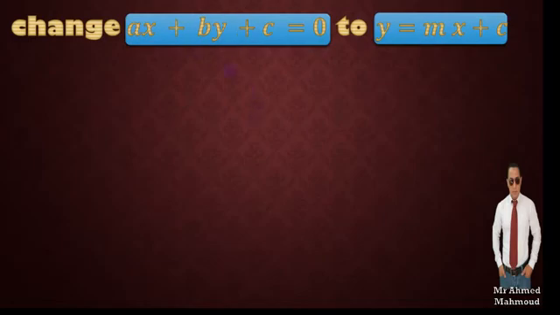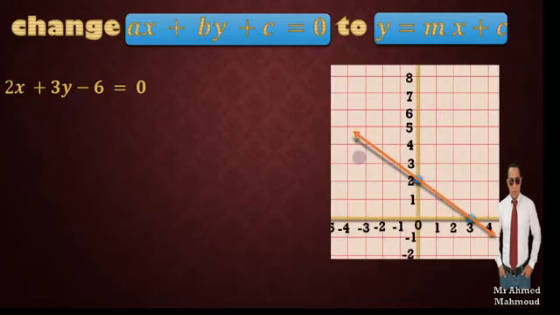Remember with me the first example in this video. It was 2x plus 3y minus 6 equals 0, and I represented this equation in a graph like this. It was a straight line passing through 0, 2 and 3, 0.